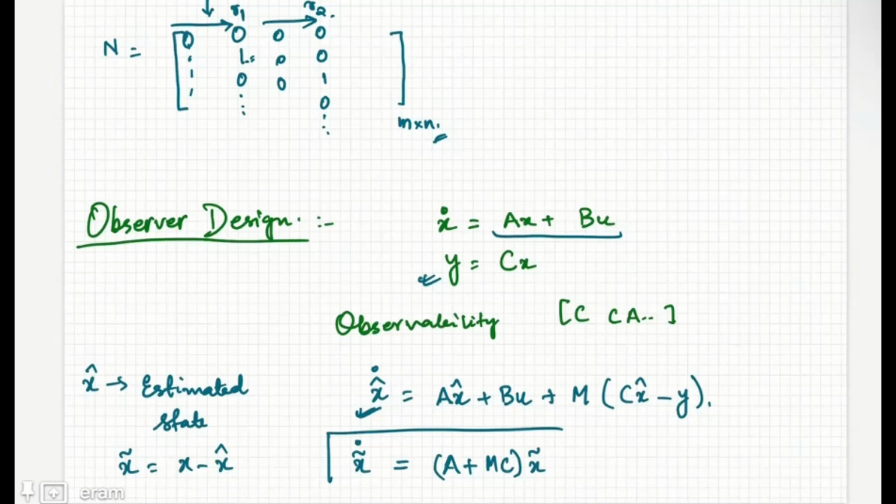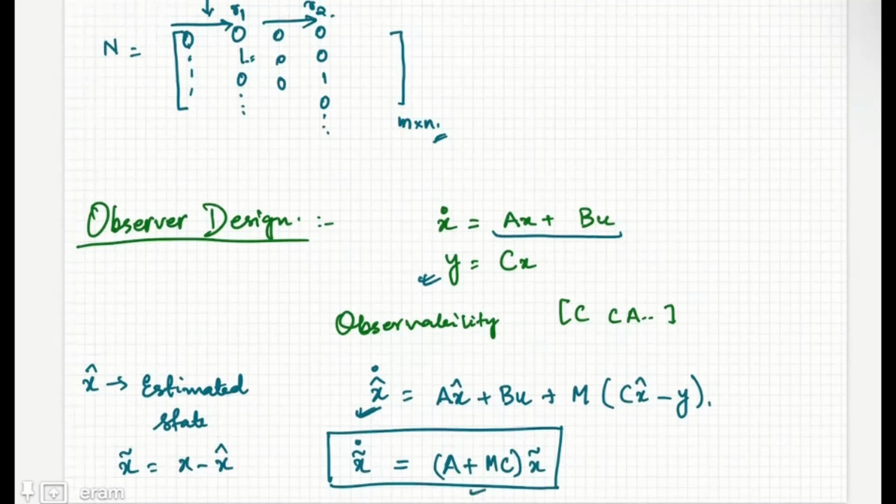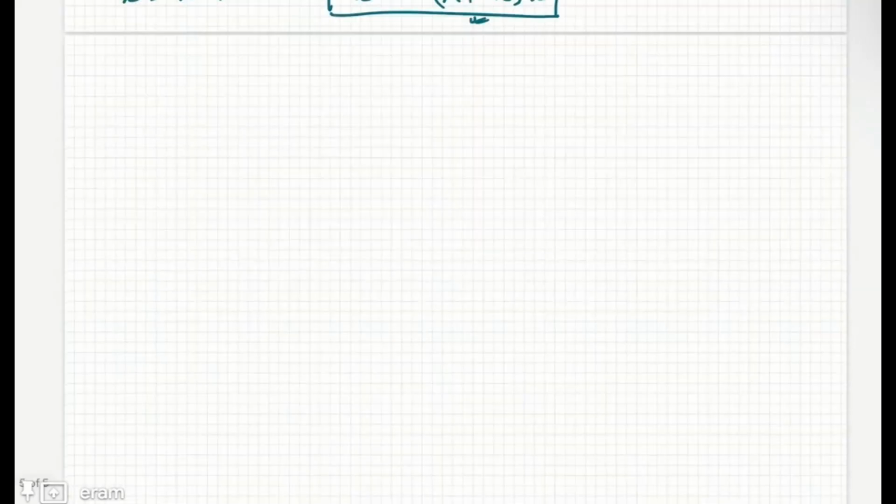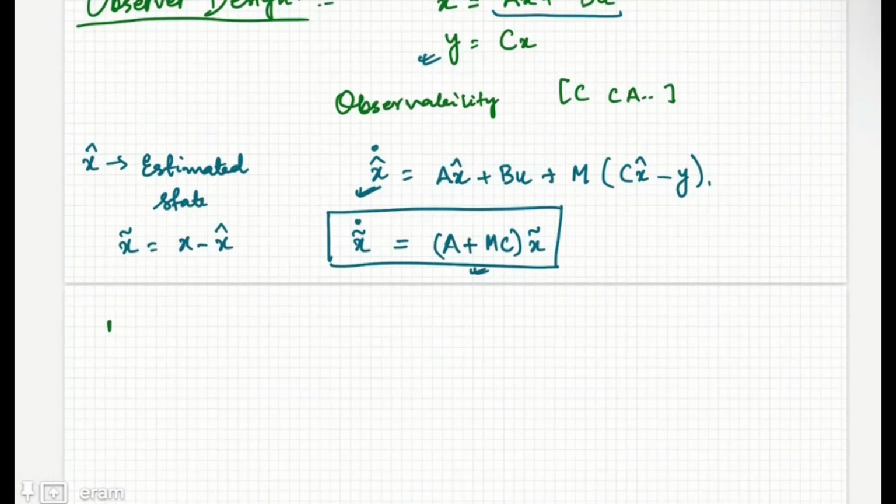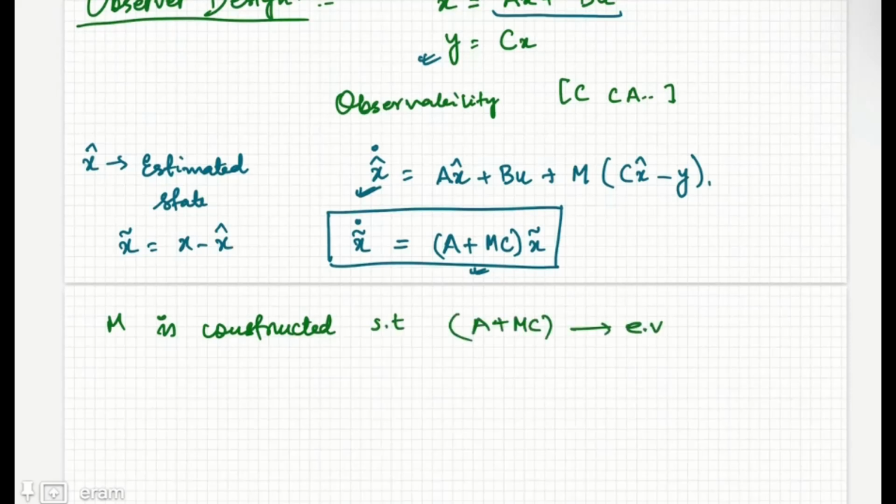Now we know when this error will converge to 0. This error will converge to 0 only when the state matrix is stable, and the state matrix will be stable only when M is constructed such that this A plus MC has eigenvalues with negative real part.